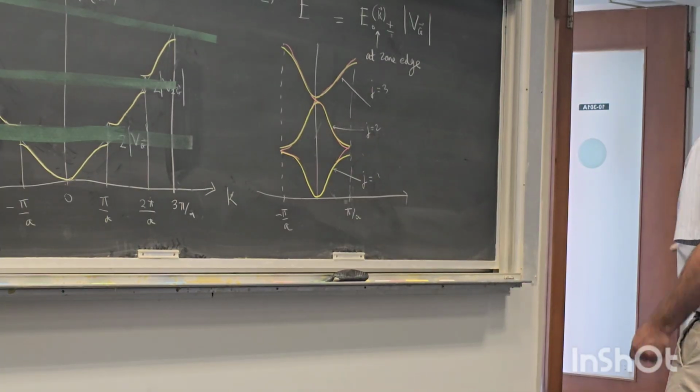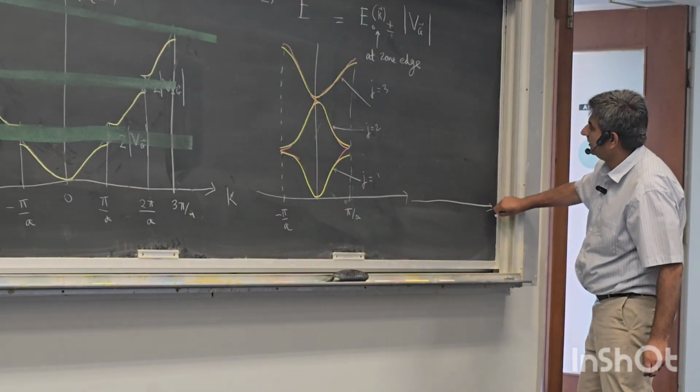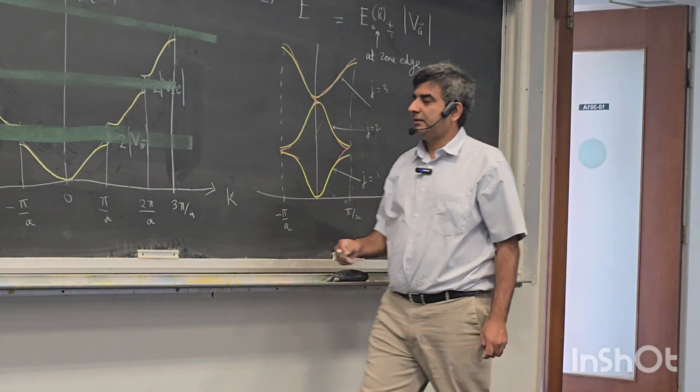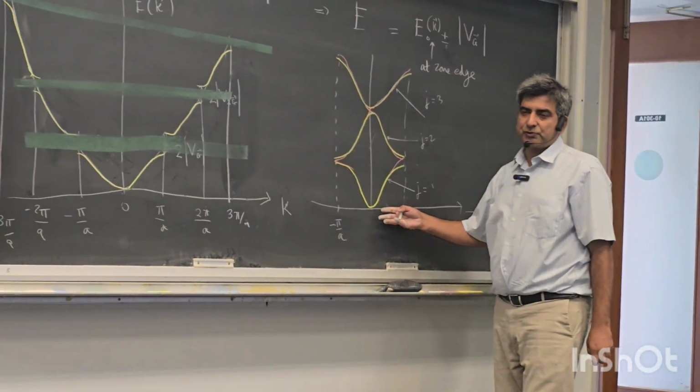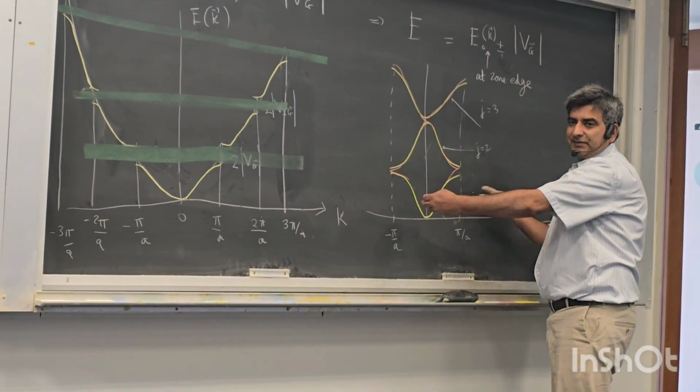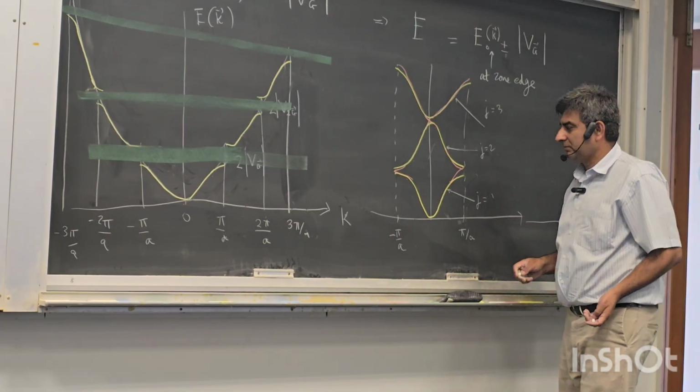I can also draw another scheme. This is the extended zone scheme, and this is the reduced zone scheme. I can also now repeat this over all space and get the repeated zone scheme.